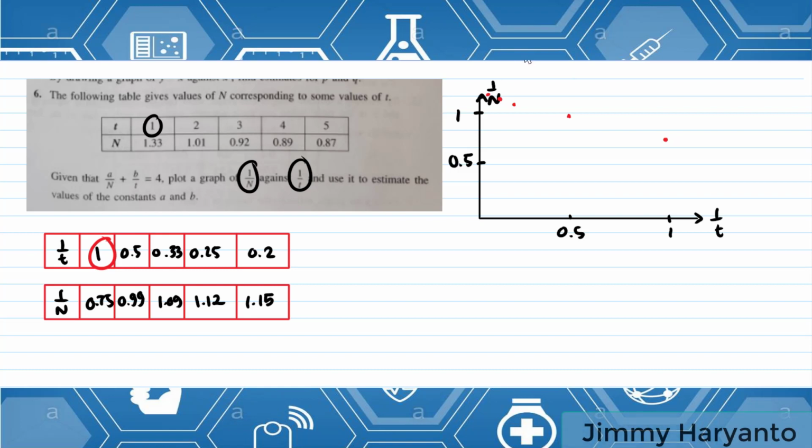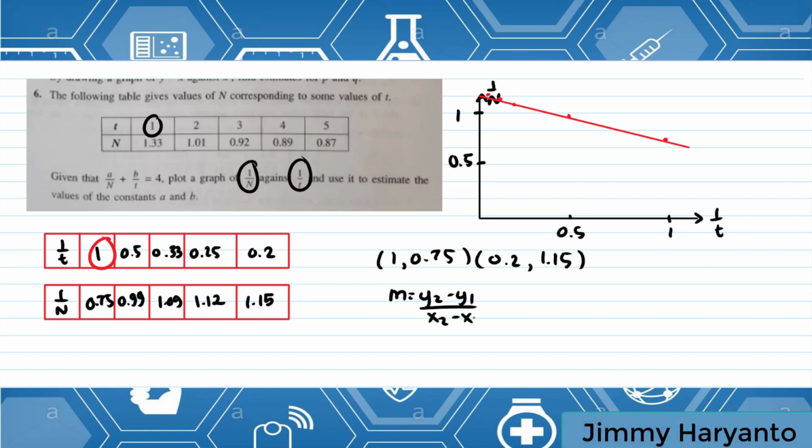Okay, we will have a straight line like that, and then we will have to find the gradient. For the gradient, I will use the first point. The first point is 1, 0.75, and the last point is 0.2, 1.15. The gradient will be y2 minus y1 over x2 minus x1.